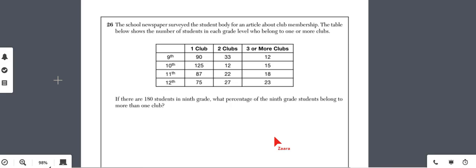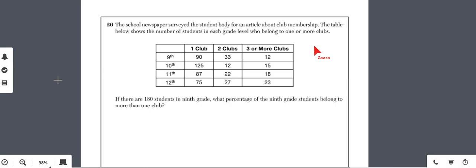Look at the next question. It says that the school newspaper surveyed the student body for an article about club membership. The table below shows the number of students in each grade level who belong to one or more clubs. So this is the data that you have.